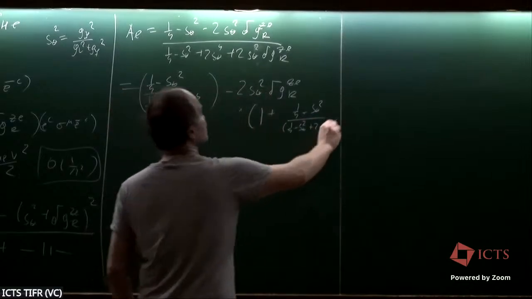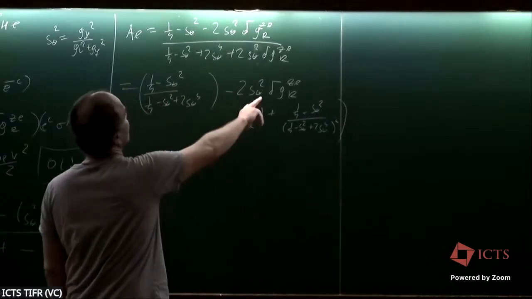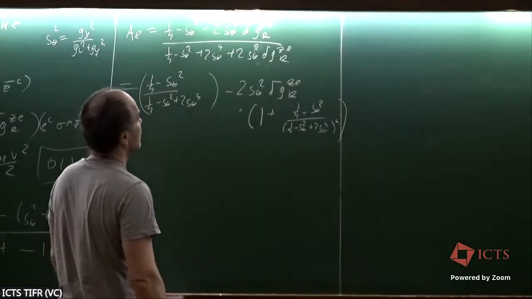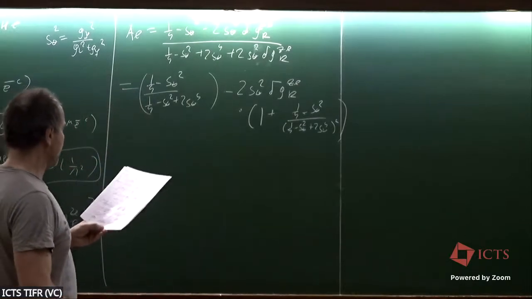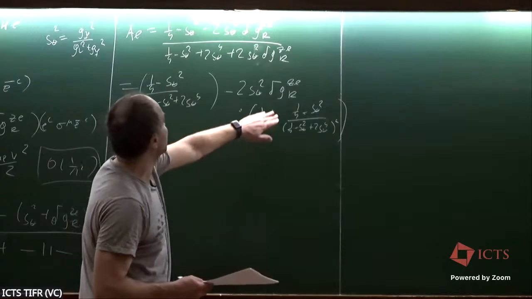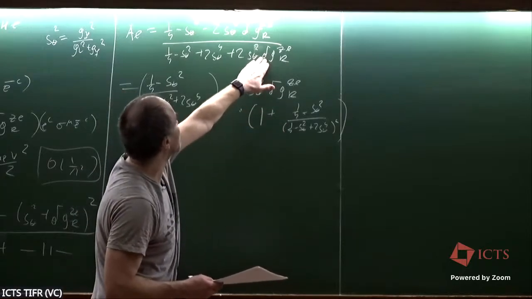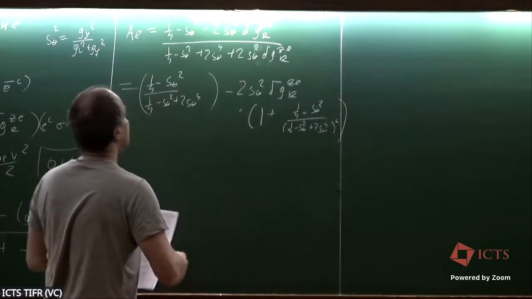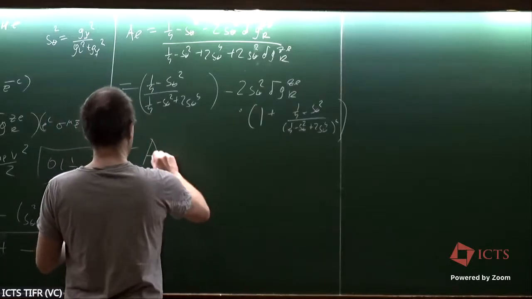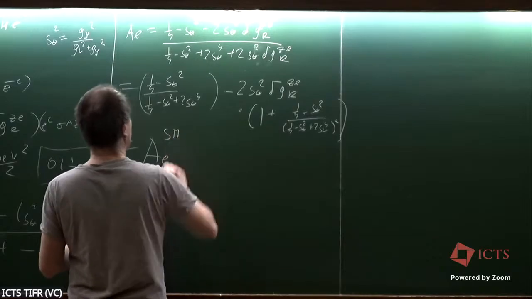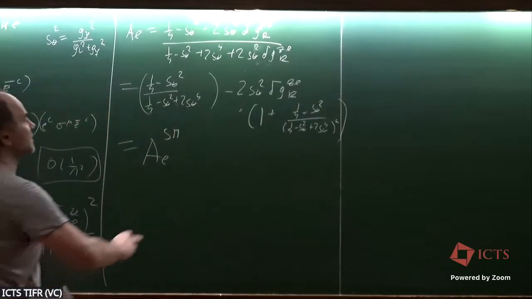So there is this factor that comes out, because I had to expand the denominator. This you can call A_E SM, the standard model prediction, and this is the correction.